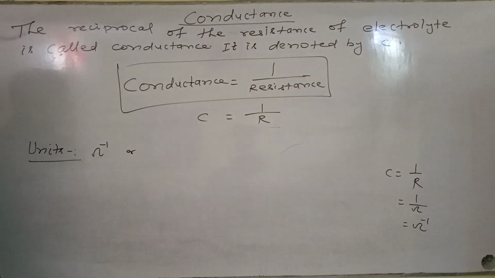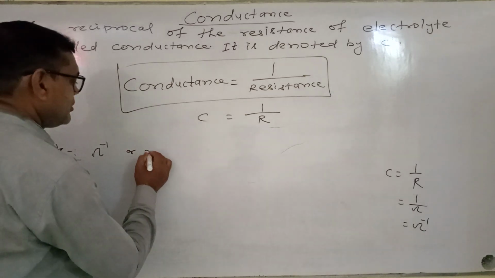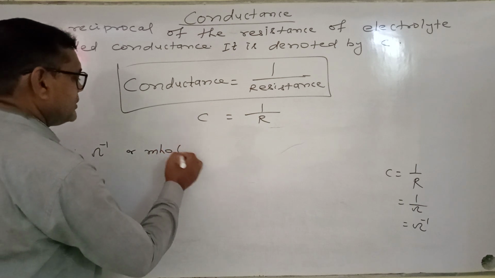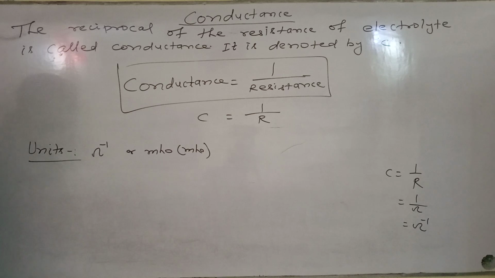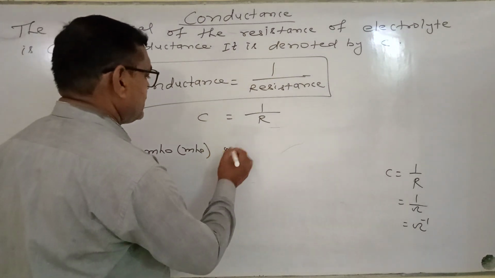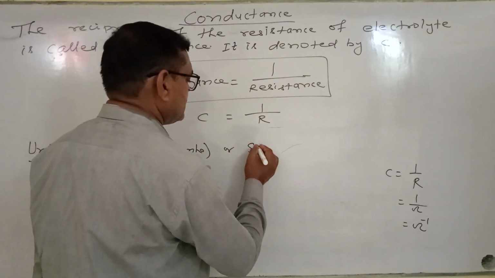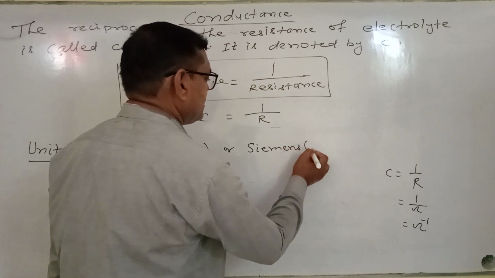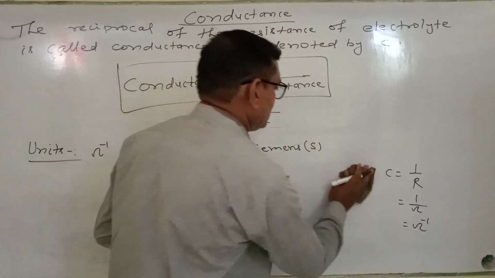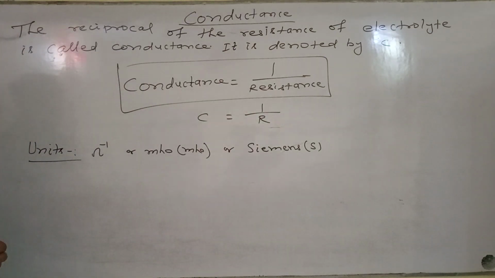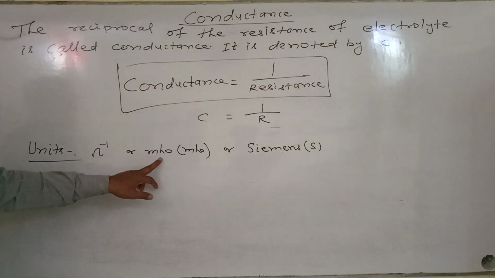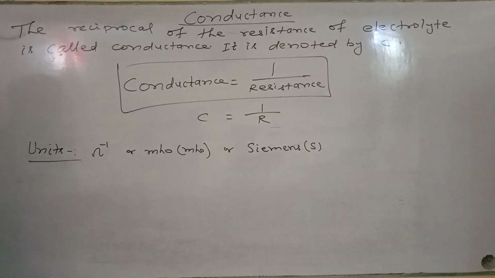Ohm inverse is called Mho. It is also called Siemens. The symbol of Siemens is S. These are the units of conductance. It is the oldest unit. Next topic.